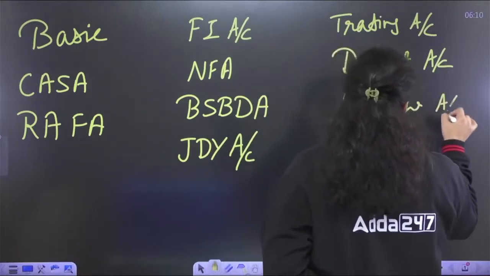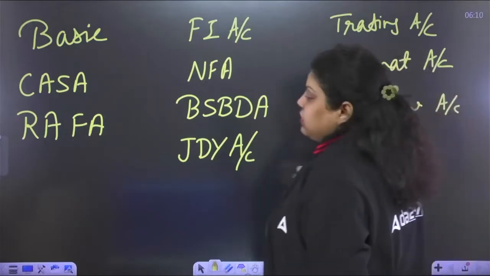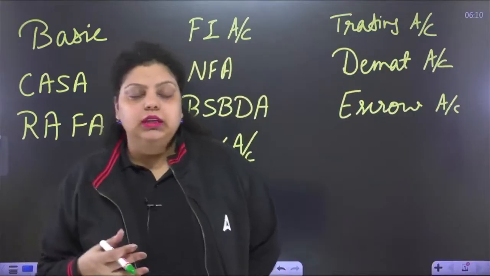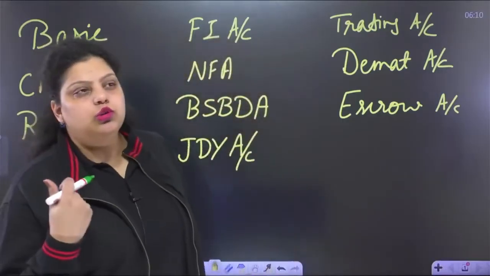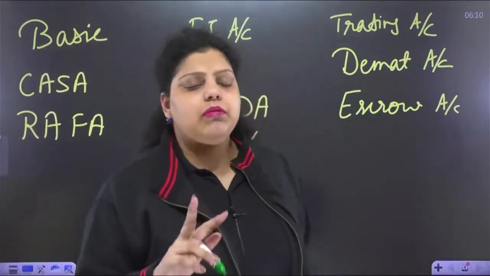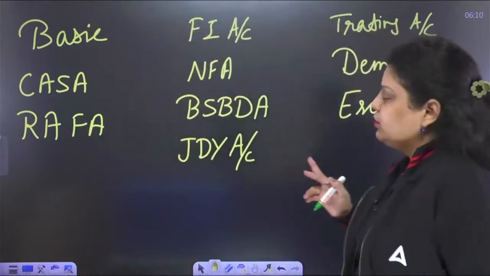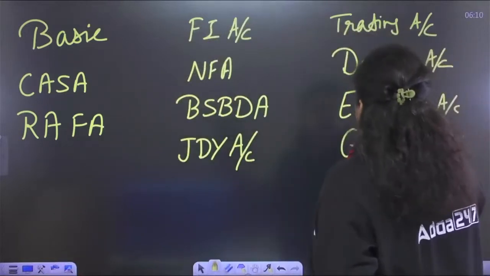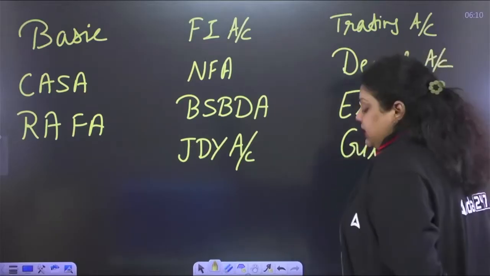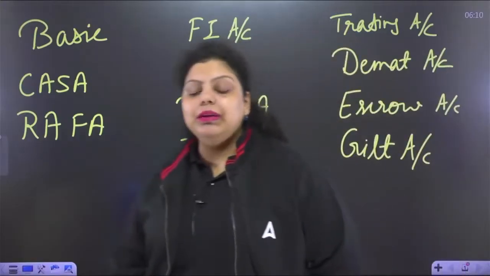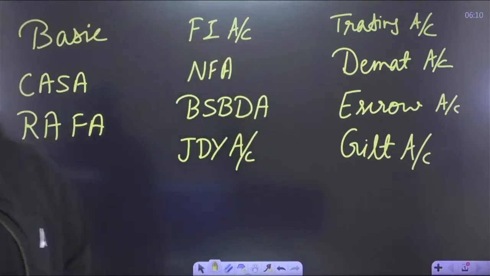An escrow account is a third party account that can be maintained by the bank with the other two parties to complete the transaction or to complete the contract or agreement between the two parties. The bank will have the account with both of them. Apart from that, we also have a gilt account. A gilt account is simply a kind of account in which government securities can be maintained in electronic form.